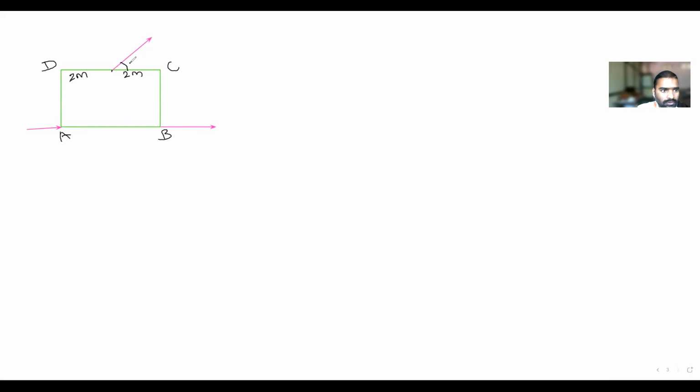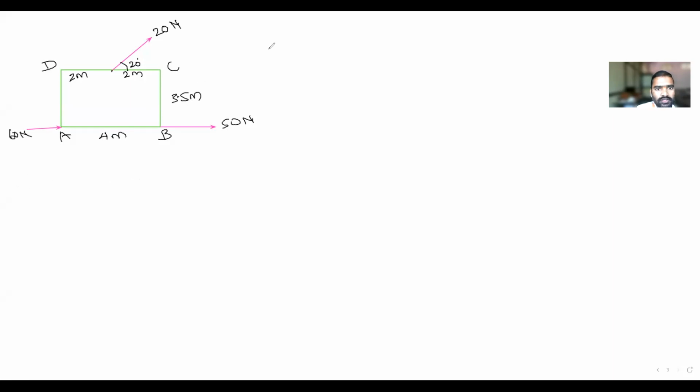This angle is given 20 degree, and this magnitude is given 20 Newton. This first magnitude is given 60 Newton, and this force is given 50 Newton. This total horizontal is 4 meter. Total vertical is 3.5 meter.